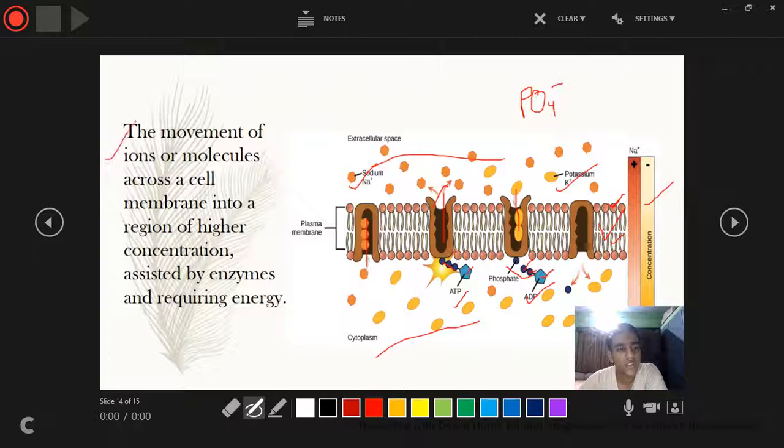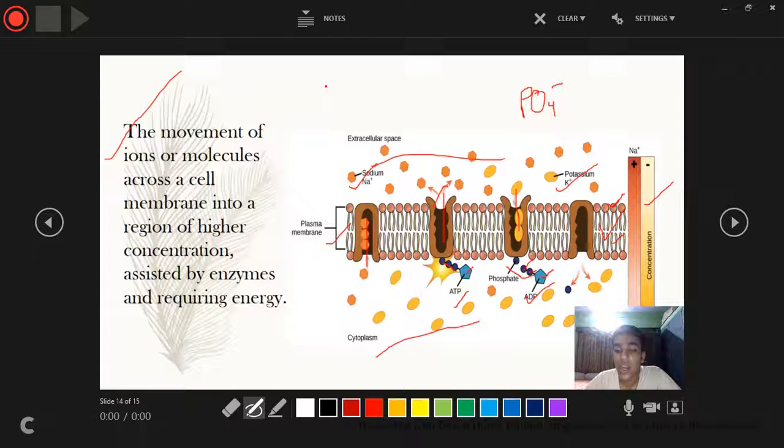So here you can see the definition of active transport: the movement of ions or molecules across a cell membrane into a region of higher concentration. Let me explain the main difference between the two types of transport, passive transport and active transport.